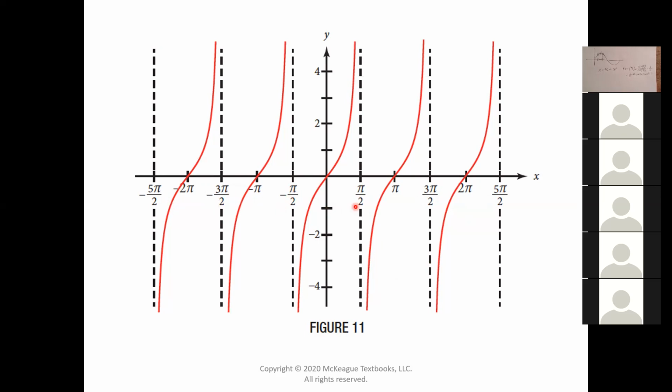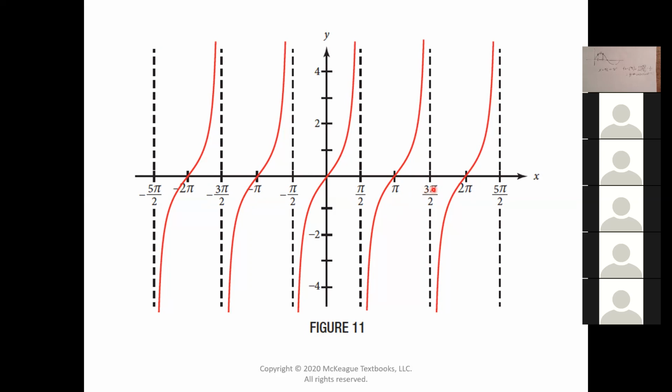But ladies and gentlemen, I'll give you a hint. Is it an even multiple of pi halves or an odd multiple of pi halves where the vertical asymptotes occur, where the tangent function is undefined? Odd or even multiple of pi halves? What do you think? Is it odd? Looks like it's odd. At 1 pi halves, tangent of x is undefined.